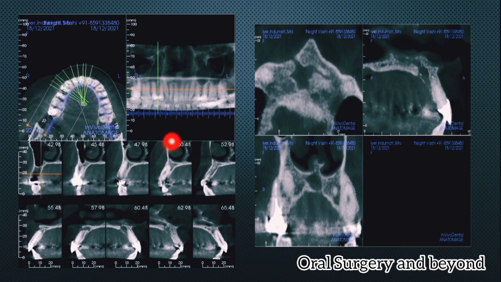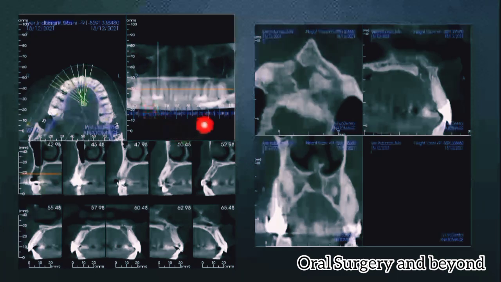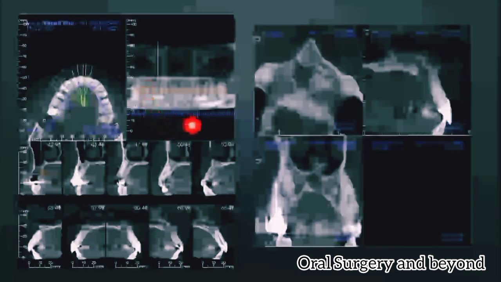As we already know, CBCT is cone beam computerized tomography. What is tomography? Tomography is a sectional study of the human anatomical body, right?